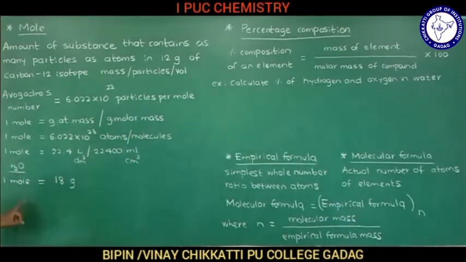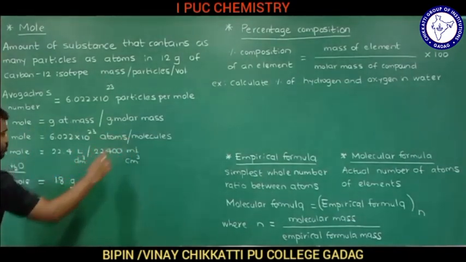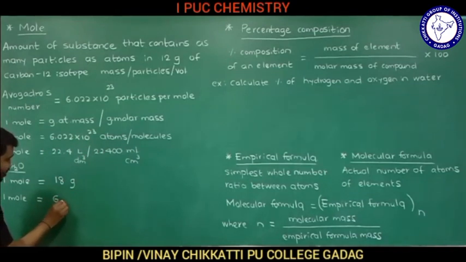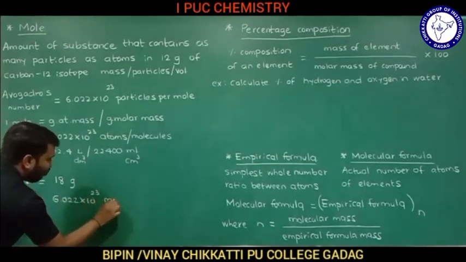So what is the meaning of that? 1 mole of water contains 18 grams. This is in terms of mass. Similarly, what about 1 mole of water in terms of particles? In terms of particles, you may consider atoms or molecules. The value is fixed, 6.022 × 10^23 molecules.